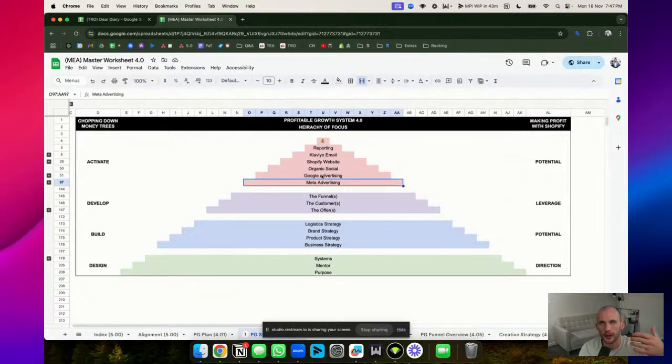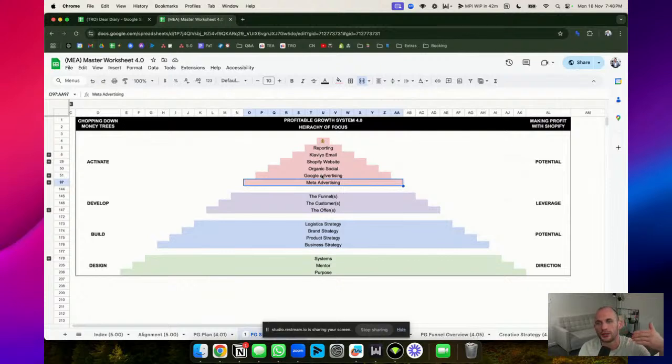And so when I talk about building an e-commerce business, what we look to do is first design a direction. We do that by having a strong magnetic purpose that's going to drag us towards the end state that we desire. We want to find a mentor that's achieved everything that we would like to achieve so that they can illuminate the path.